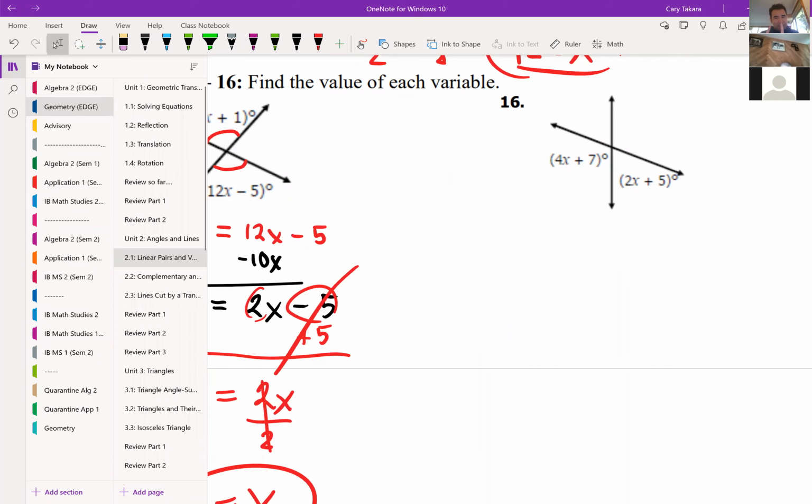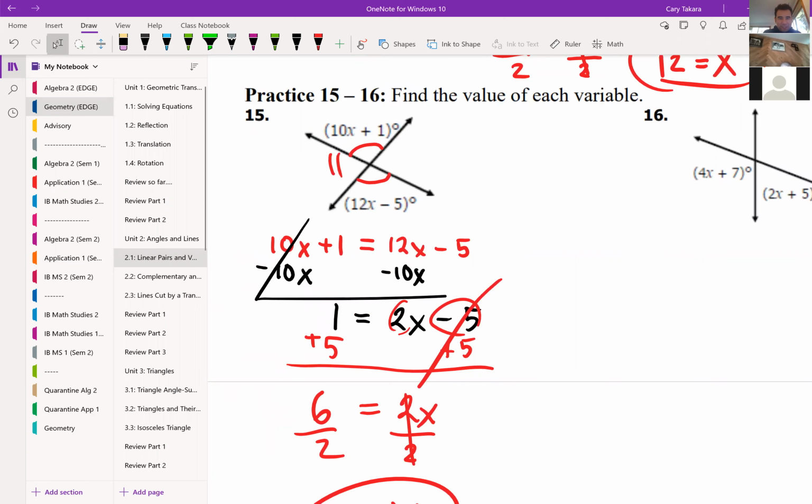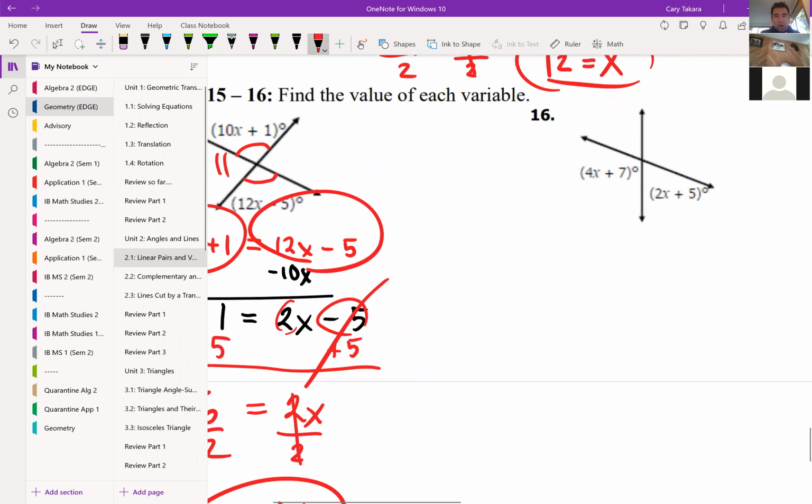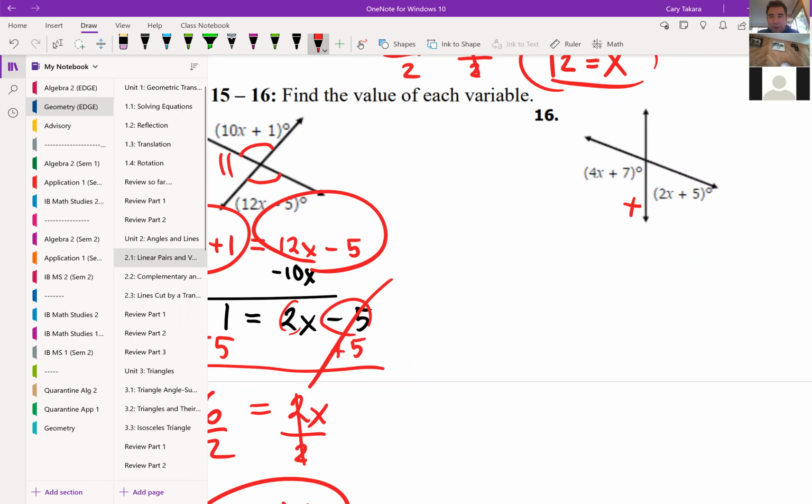So again, it's either they are equal to each other, just like number 15, right? You set it equal to each other, right? This is equal to that. Or you're going to add them up, and then now this is 180 degrees, isn't it? Right? This is a linear pair.